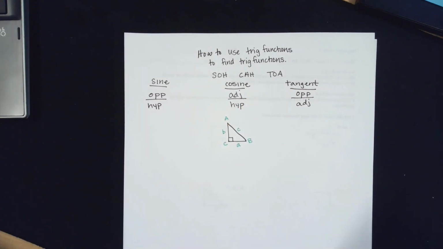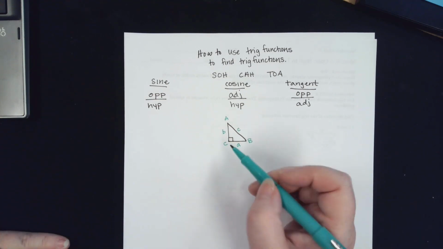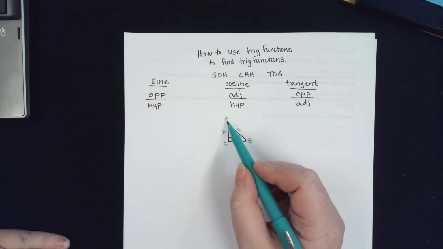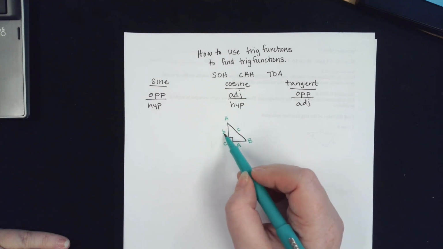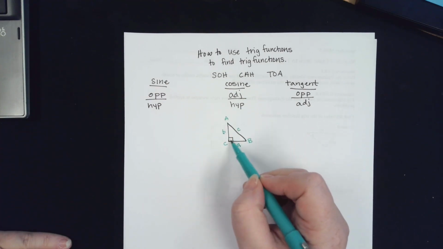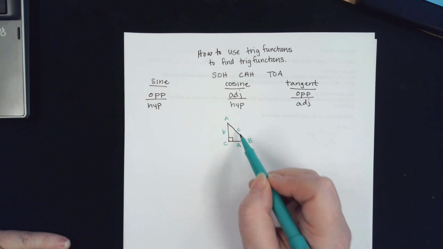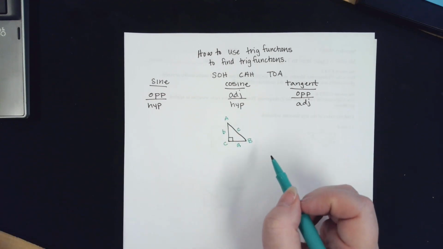If I was looking at angle A, the opposite of angle A would be directly across, and it would be the small letter a. The adjacent to A would be b, and the hypotenuse is always opposite of the right angle, so it would be c. Now, it's going to vary depending on which angle you're looking at.